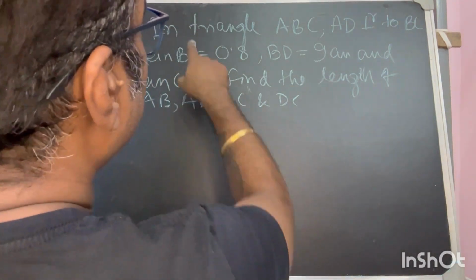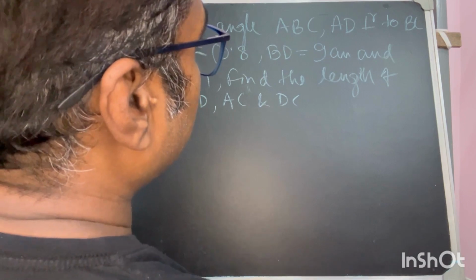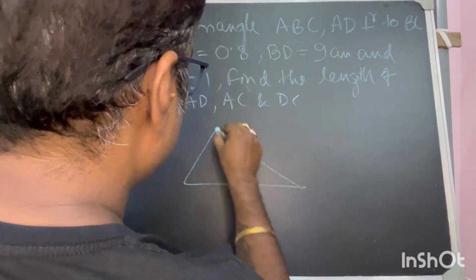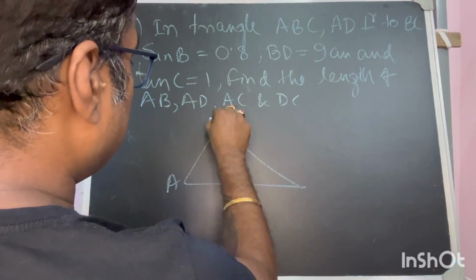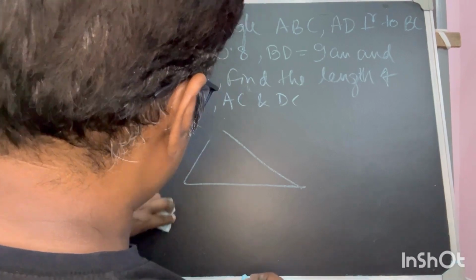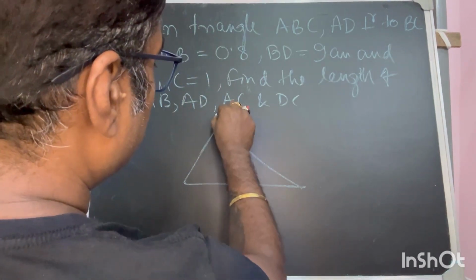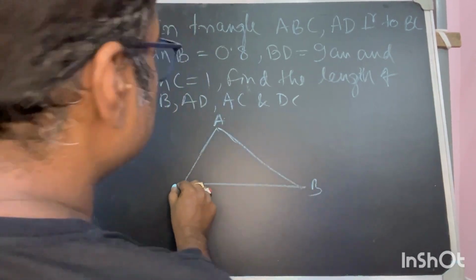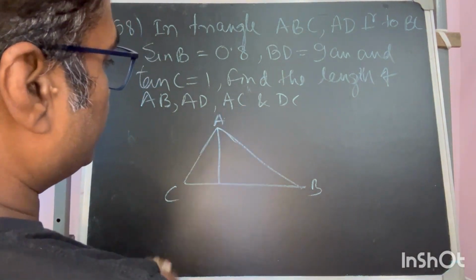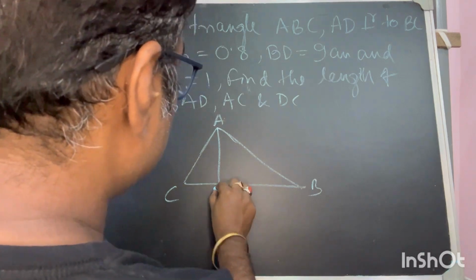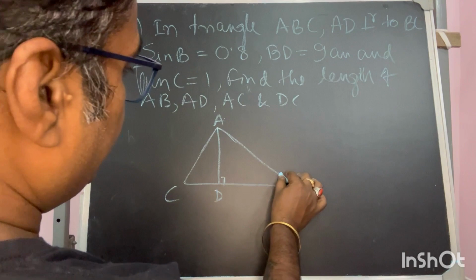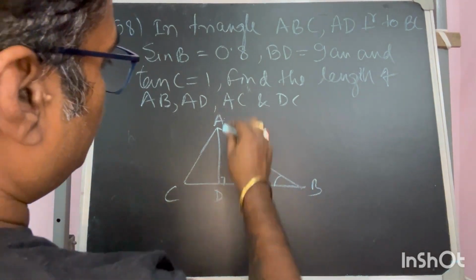So let me take any triangle ABC, where AD is perpendicular to BC. I'm putting AD perpendicular on the BC. So this is your D. This is 90 degree. Sine B, if I take the sine of this, is equal to 0.8.